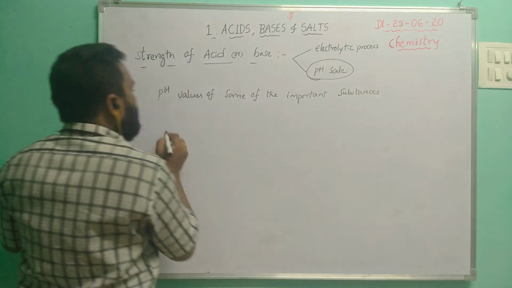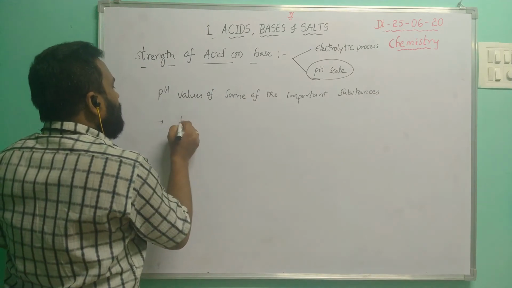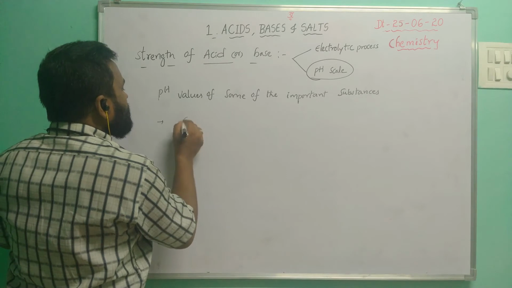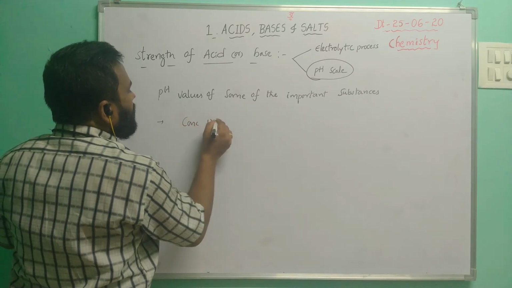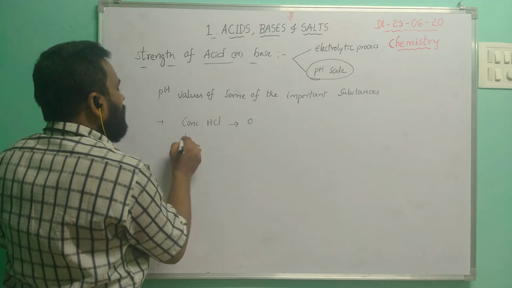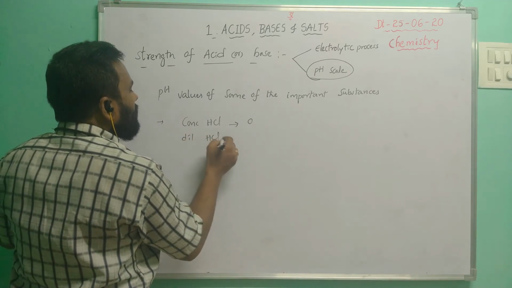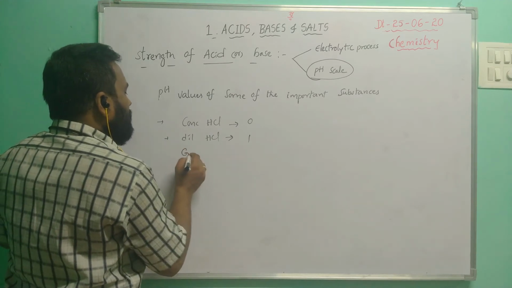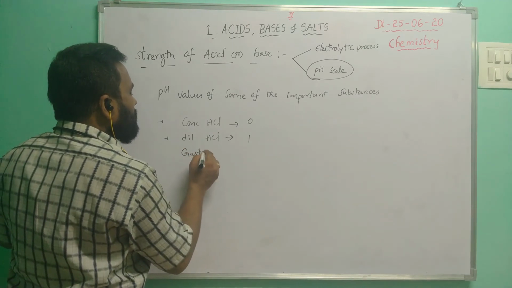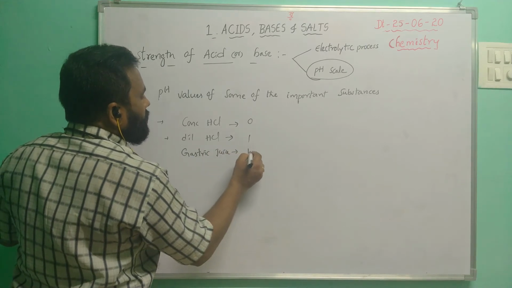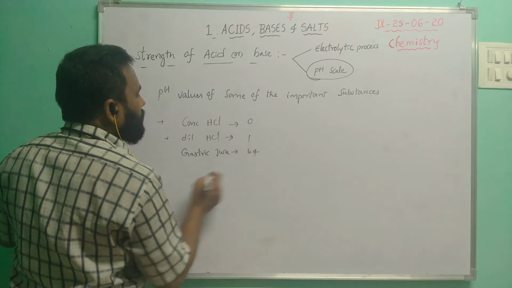Concentrated HCl, pH value equal to 0. Dilute HCl, pH value equal to 1. And gastric juice, 1.4.